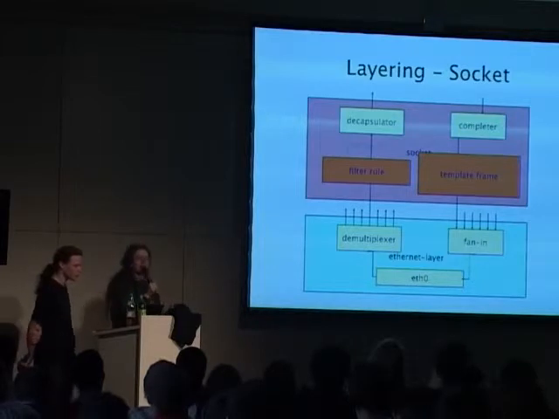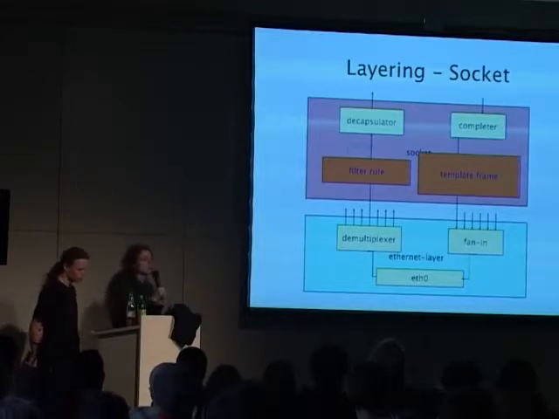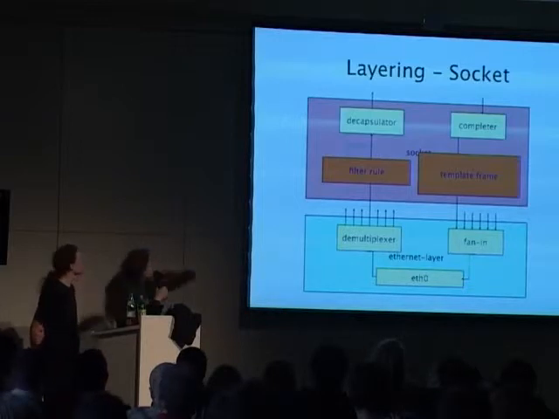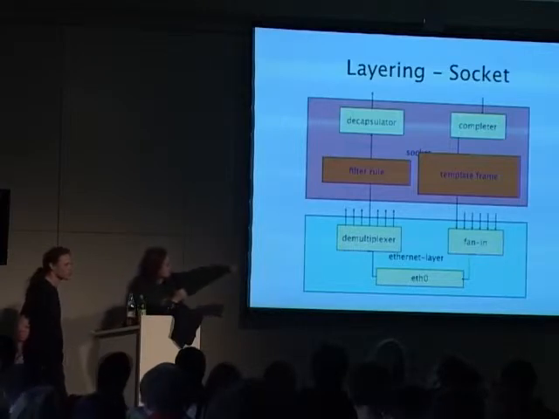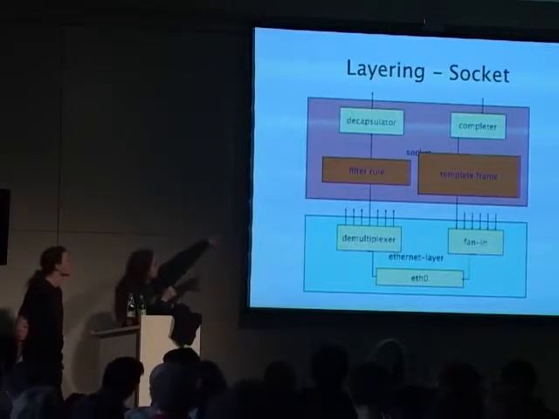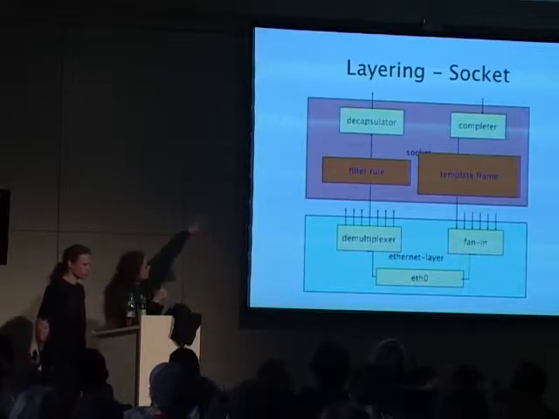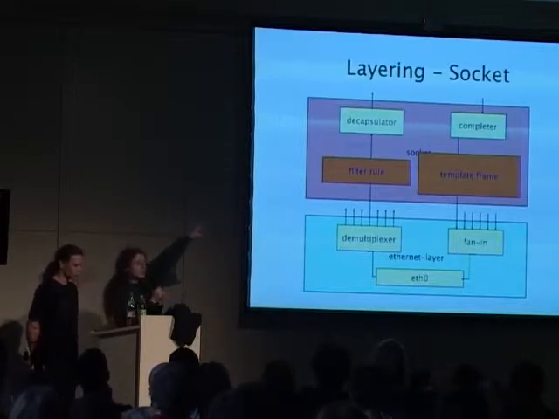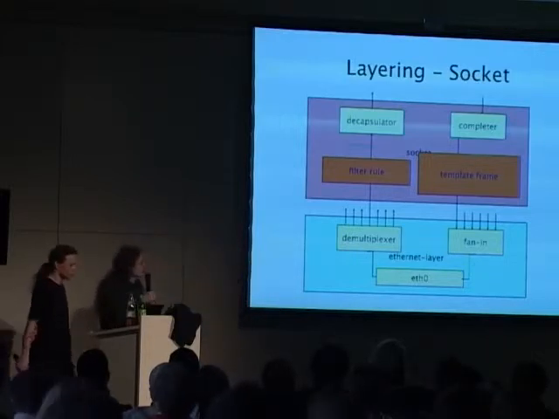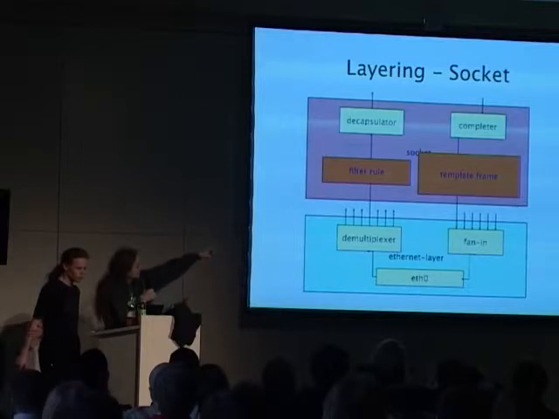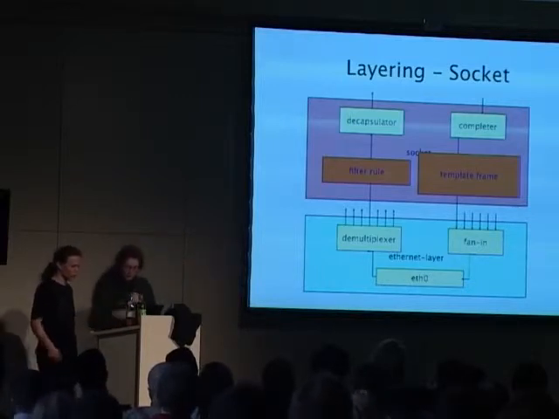And it will also create a template frame which sets the type code to 800 when somebody passes in input from the top. So to the top, the decapsulator strips the header. There comes an Ethernet frame from the demultiplexer, and it is decapsulated. Only the payload is passed up to the actual implementation on top of that. The other way down is the opposite. It adds a header to the beginning by using the template frame, and that's what we call a completer. And the information needed.